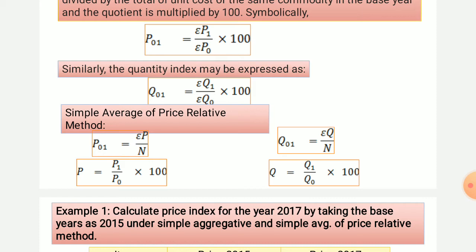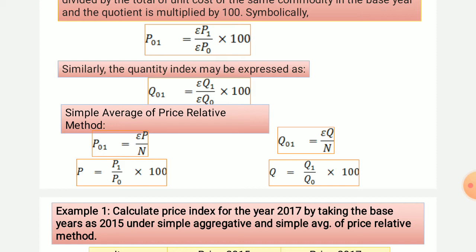And similarly, Q01, quantity index for the current year, can be known as sigma Q by N, where Q stands for the quantity relatives. Q1 can be calculated as Q1 by Q0 into 100.